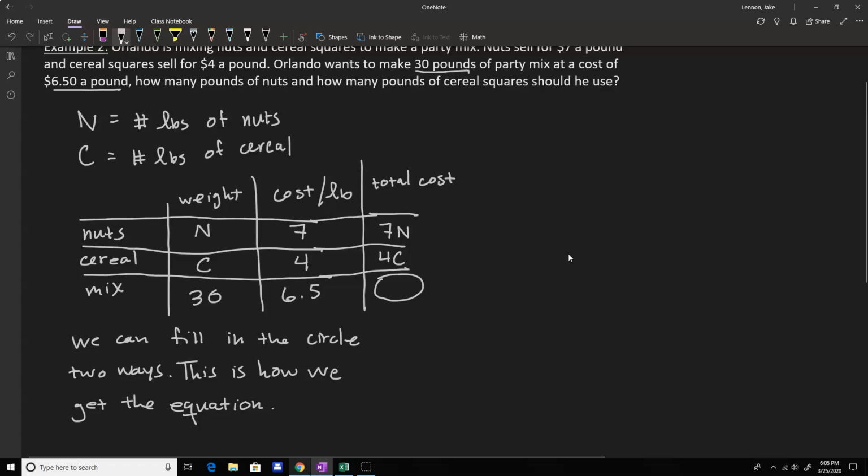So on the one hand, we can multiply across the way that we've been doing. So we could do 30 times 6.5. But the total cost, we also know, would have to be the 7N plus the 4C, if you add the cost for the nuts plus the cost for the cereal.